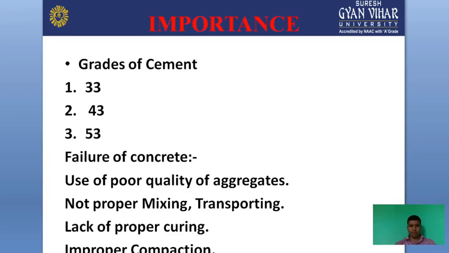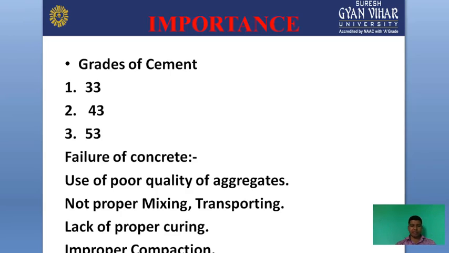But in some cases, as you have seen in many structures, some structures failed due to the use of poor quality aggregate, improper mixing, improper transporting, lack of proper curing, and improper compaction.